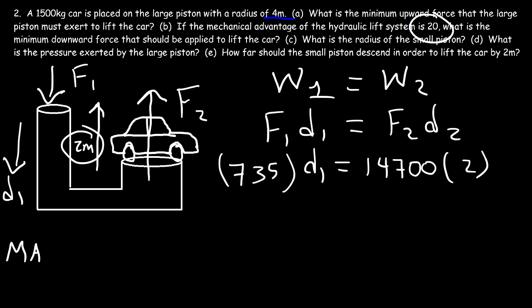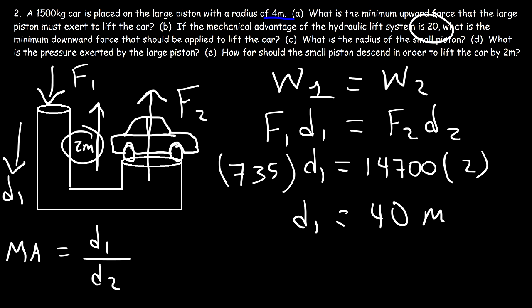So the mechanical advantage is the ratio between D1 and D2. So D1 is going to be 20 times 2, so it's going to be 40 meters. So you can also use this equation to get the answer. Or you could say 14,700 times 2 divided by 735, and that will give you the same answer, 40 meters. So there's multiple ways in which you can get the right answer.